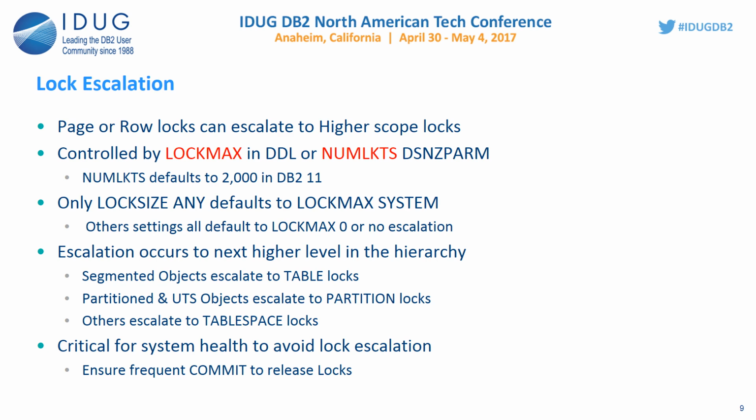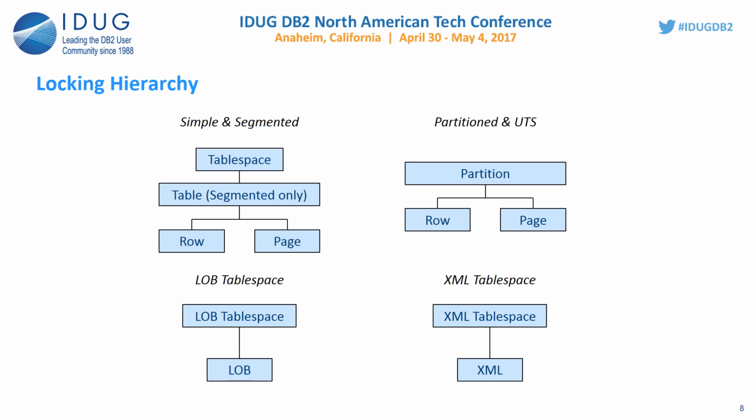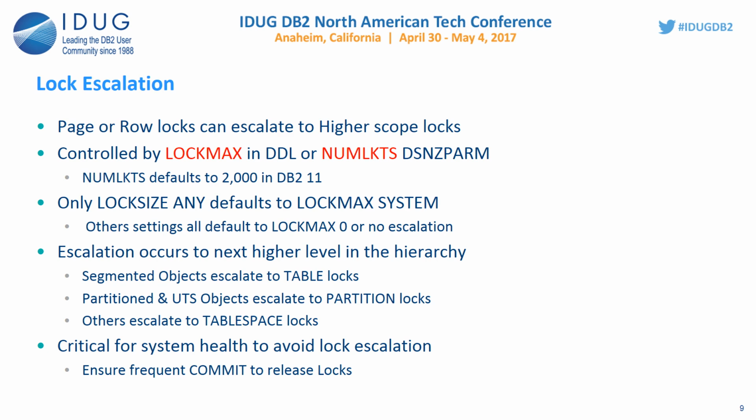So if you say that I've got a row lock or a page lock for your object, DB2 can escalate these locks to a higher level. And that's managed by this parameter called lockmax. So when you create your table space, you say what lock type you want, and you say how many locks you're allowing to be on that object before that lock type is being escalated up to a higher level.